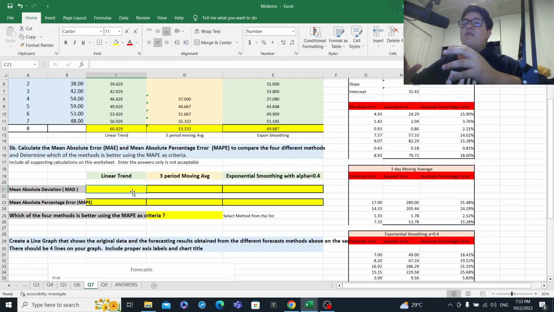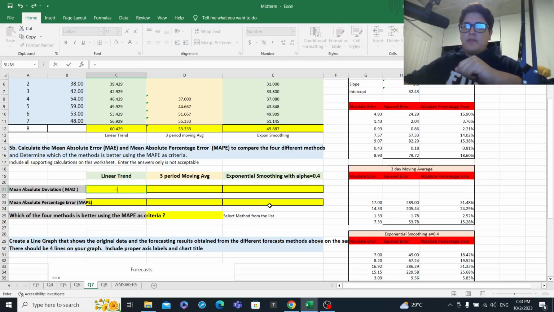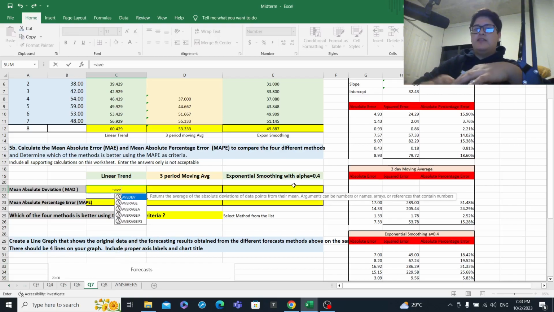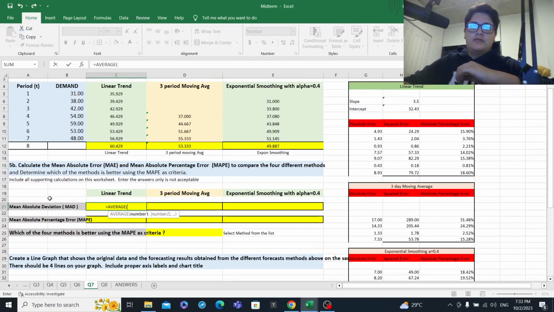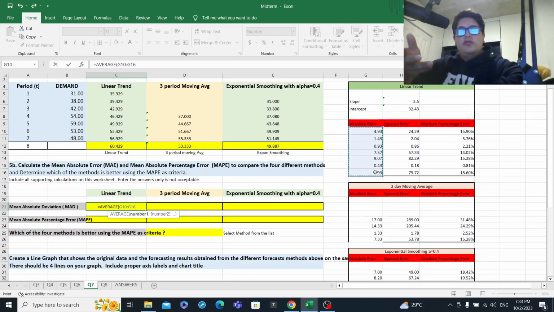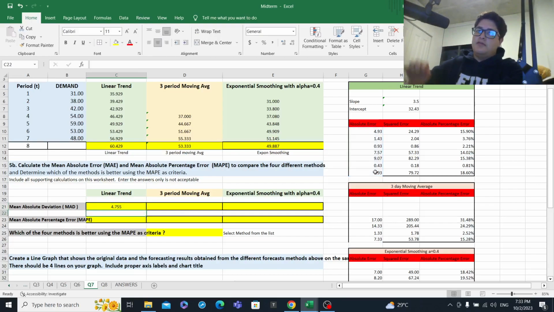Okay, as we have these values, we now need to calculate the mean absolute error of each, MAE, as you like to call it. Here we have the linear trend, and it's really easy. We have to do the average of this. It is basically in the name: mean absolute error. We have our absolute error and we take the mean.